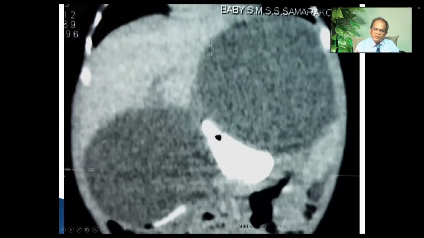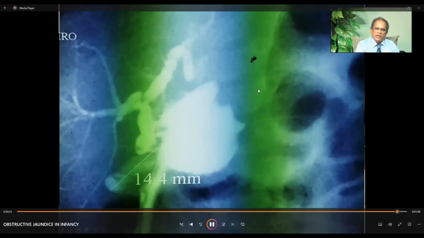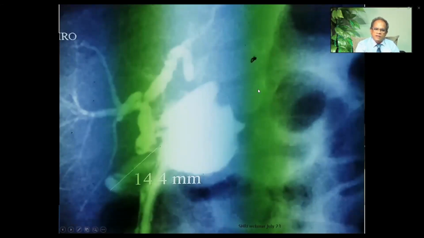So we did a cholangiogram through the Foley catheter, and that shows the Foley catheter and the residual cyst, and you can see the common hepatic duct. These are the hepatic ducts and the common hepatic duct. I think the gallbladder had been removed at the previous surgery.